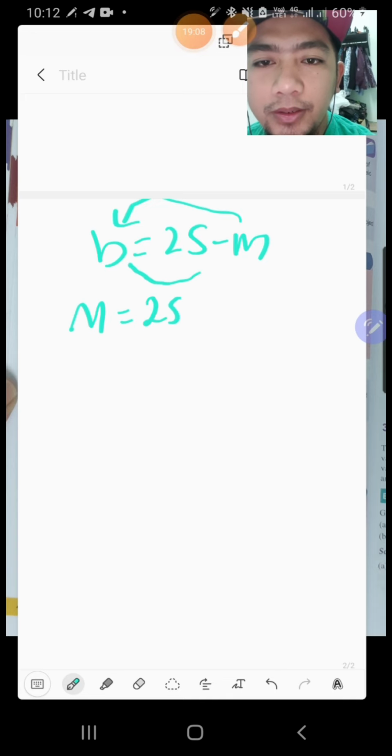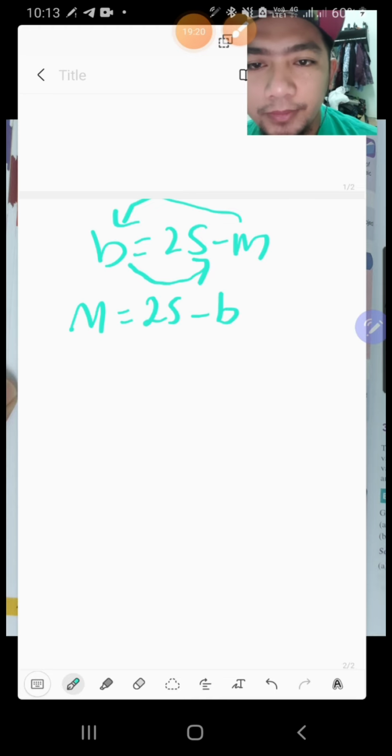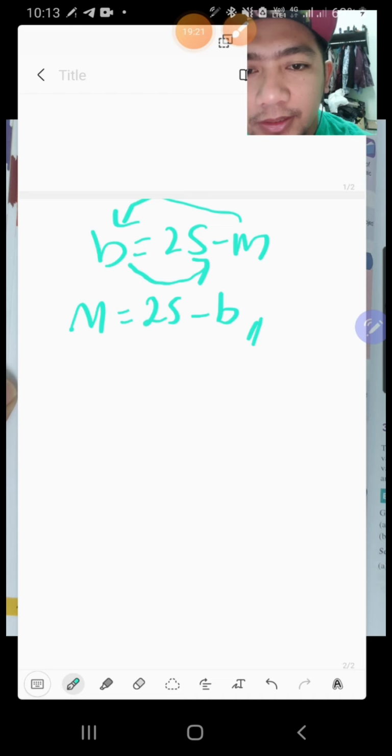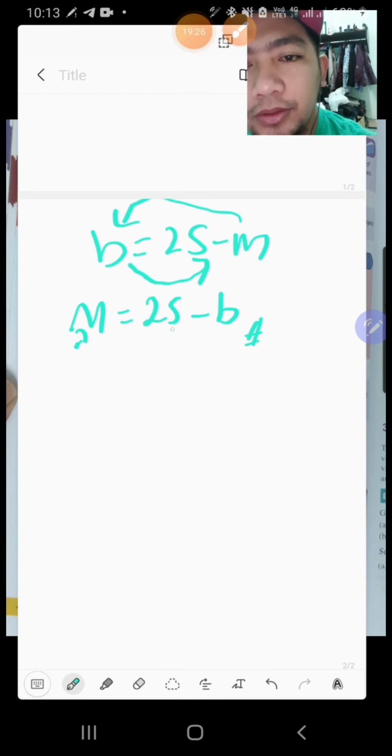So B you bring to the right: positive B from the left, when you bring it to the right, becomes negative B. So this is the answer. Now M becomes the subject of formula, and 2S minus B becomes the variable.